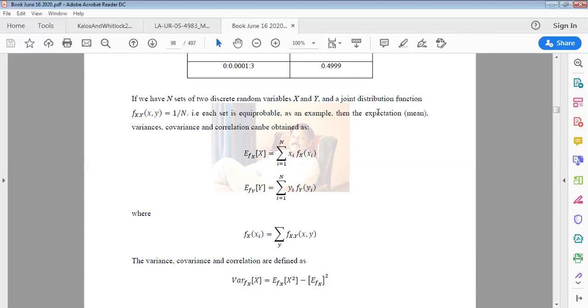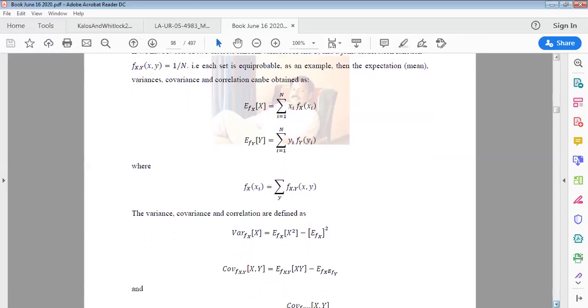Let's take this as an example. Then I want to show you what I mean by the terms mean, variance, covariance, and correlation. Now the mean, as I told you in the continuous case, was the integral of x, the PDF, f of x dx. For the discrete variable, the expectation value of the variable x would be the sum of the value of x multiplied by the probability of occurrence of that value.